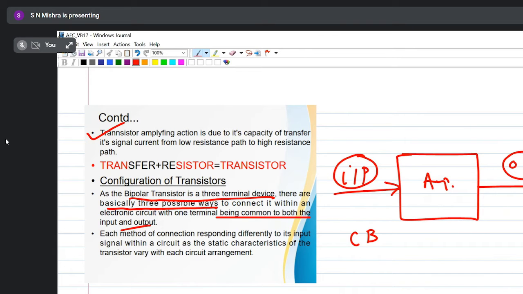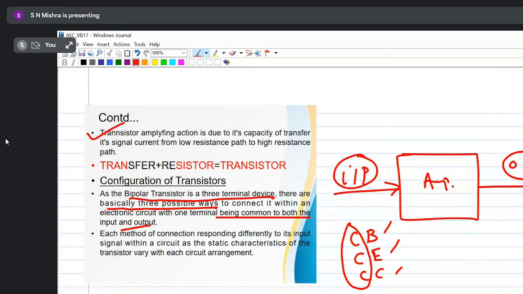Common base means CB configuration, common emitter is CE, and common collector is CC configuration. You know there are three terminals: emitter, base and collector. So a common terminal is added to that to get different configurations. So what is the advantage, and how we will identify this configuration, we'll see.